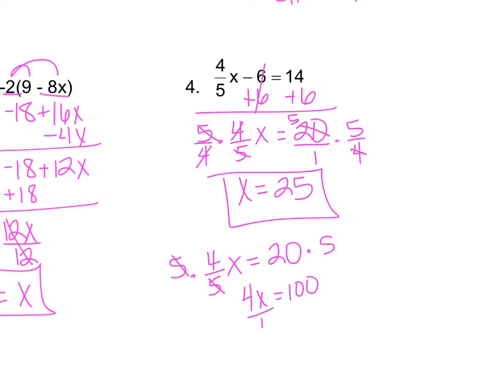And then divide by 4, which would give you x equals 25. Same answer. So to get rid of that fraction, you can break it into 2 steps. Multiply by the denominator, divide by the numerator, or multiply by the reciprocal, which is flipping the fraction there.